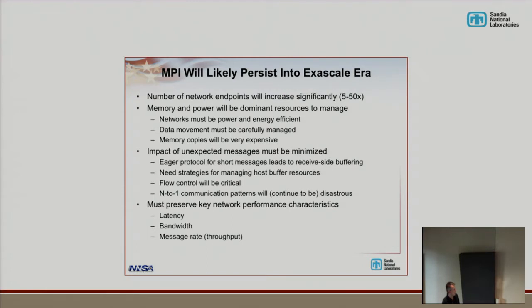I think memory and power are still going to be dominant resources. From my perspective, those are hardware challenges first, especially in terms of what you can do to be energy efficient with systems. I think there are some interesting system software approaches that can deal with energy efficiency, but to the first order, it's a hardware issue. And then we started talking about things that were very specific to MPI.